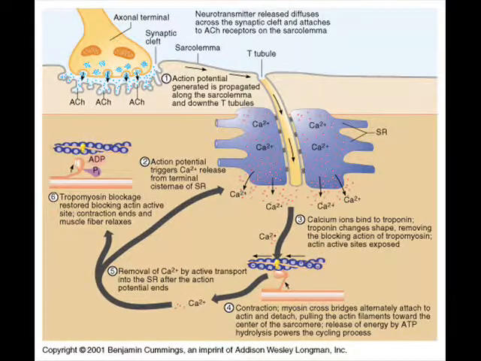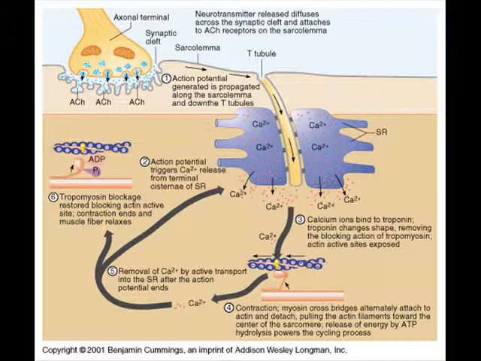Only one motor neuron innervates a muscle fiber but can synapse with many muscle fibers. Acetylcholine from the synaptic terminal diffuses across the synaptic cleft and binds to receptor proteins on the membrane of the muscle fiber. This triggers an action potential down the T tubules. As a result of the action potential, the sarcoplasmic reticulum releases Ca2+, which binds to troponin.